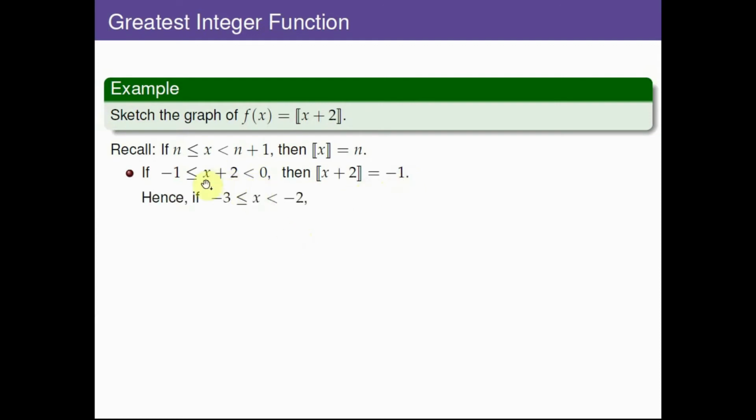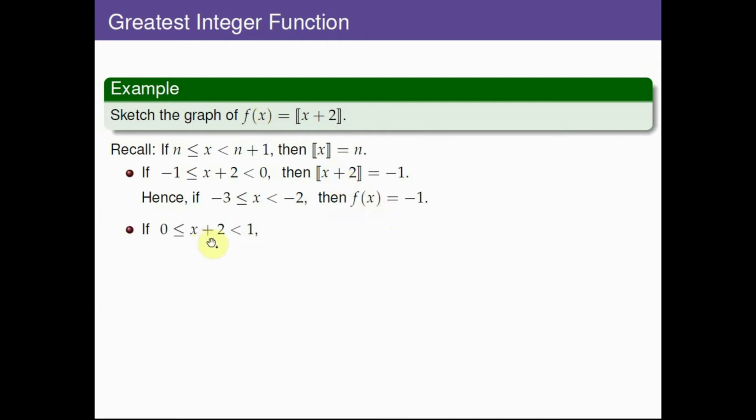Hence, isolate natin si x dito sa gitna, so ang gagawin mo, magmi-minus ka ng 2 sa lahat ng sides, so you have negative 1 minus 2, negative 3, and then negative 2. So, ito equivalent to saying that x is greater than or equal to negative 3 but less than negative 2, then yung GIF ni x plus 2 mo ay negative 1. But that's your f of x, so f of x is negative 1.